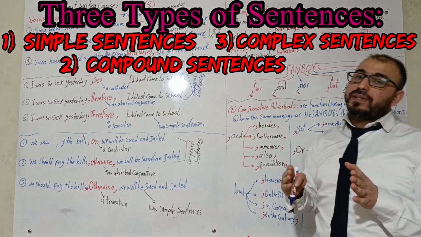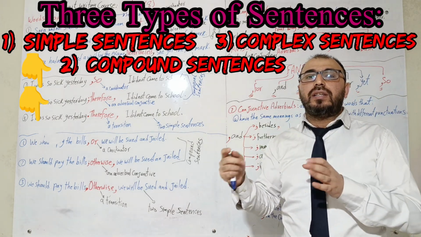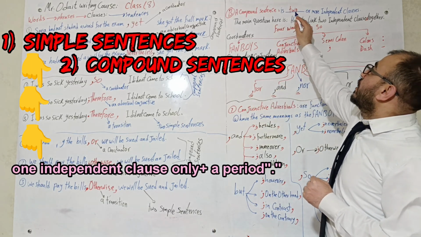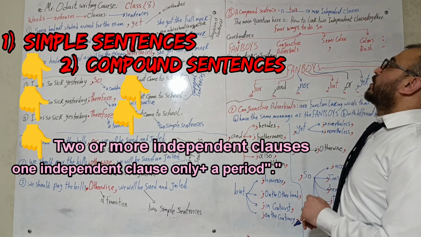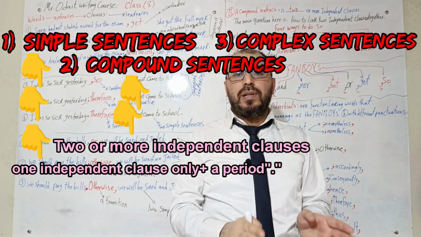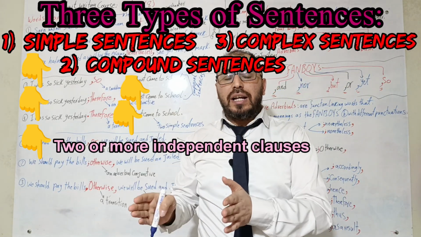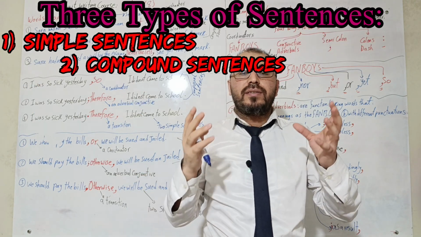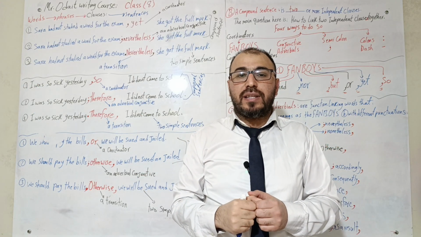We said that a simple sentence is only one independent clause with a period, and a compound sentence is two or more independent clauses. And again, my friends, we said that the main problem concerning writing generally is how to link two independent clauses in order to make one compound sentence.